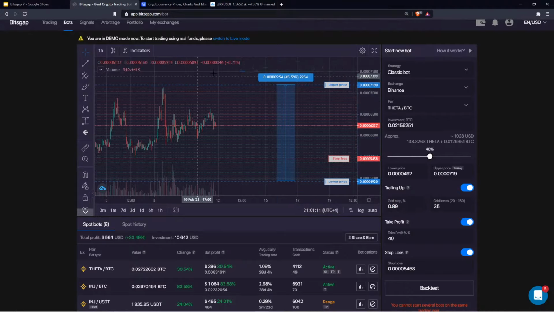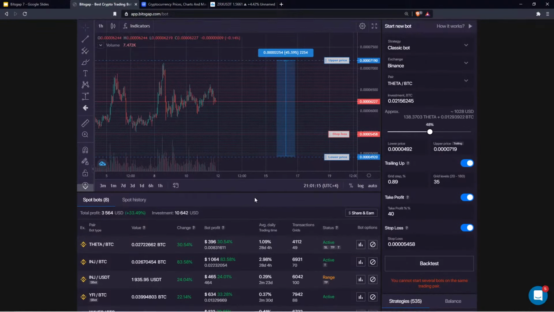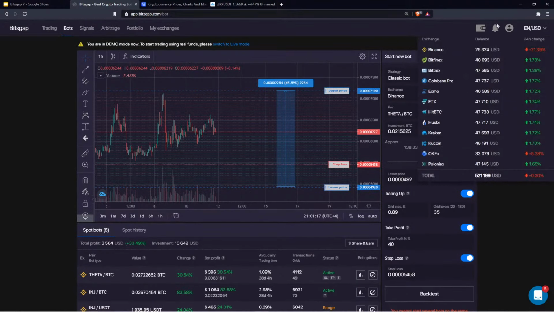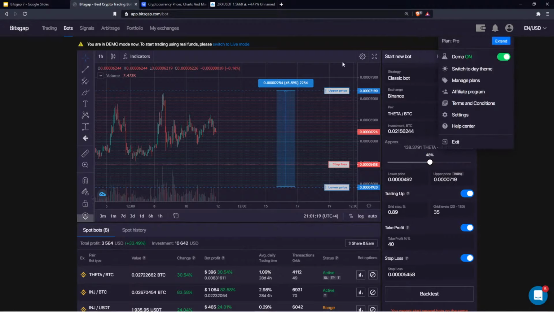Okay. Of course, there are also other strategies that you can use, and that's why we have the demo mode here. You see, that's the one I have here. All the active strategies, they are in the demo mode. So that's basically risk-free virtual money that you have to experiment with, to discover and develop your own best trading strategies that work only for you.